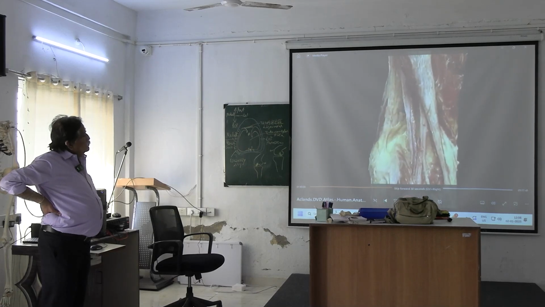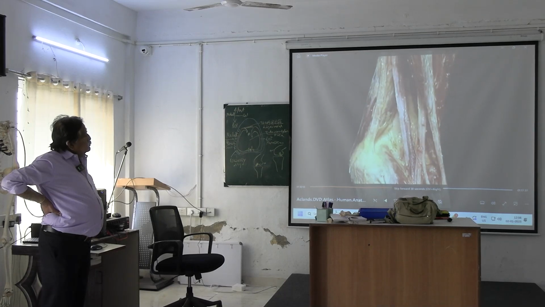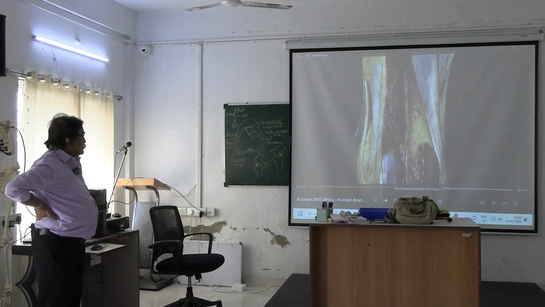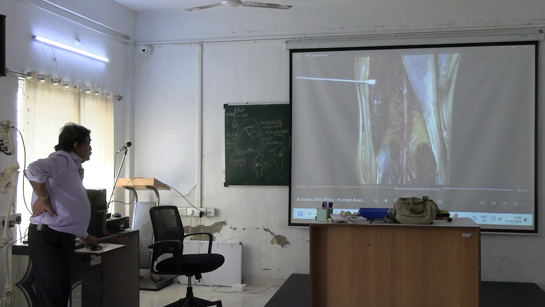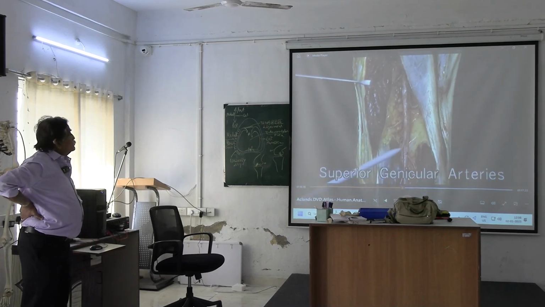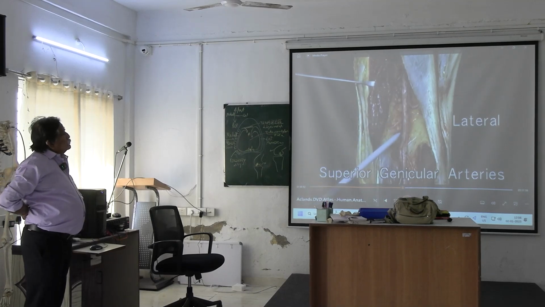At the back of the knee, the popliteal artery lies deep to the nerve and to the popliteal vein. To see the artery better, we'll go to a different dissection in which the muscles are intact and the nerve and the vein are completely removed. Above the knee, which is just here, the popliteal artery gives off these two superior genicular arteries, lateral and medial.